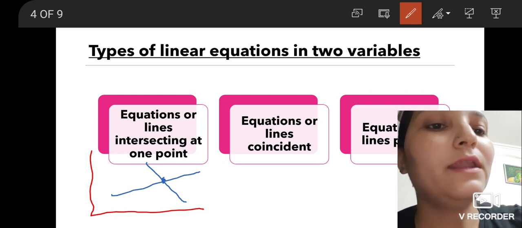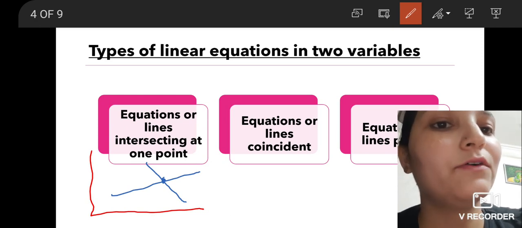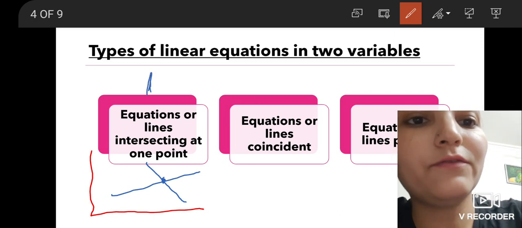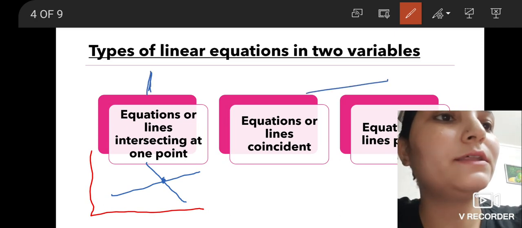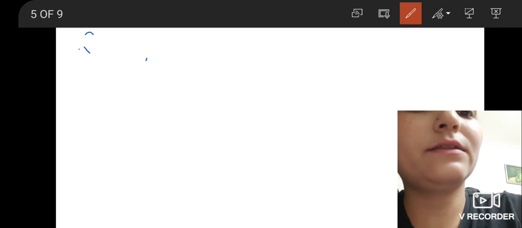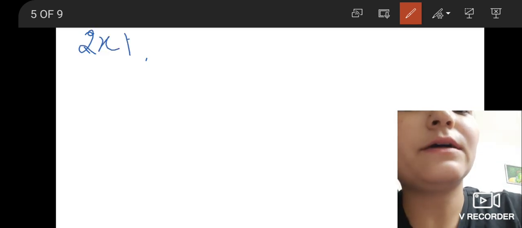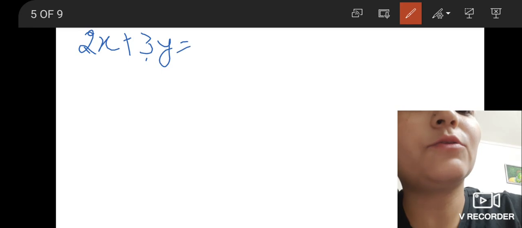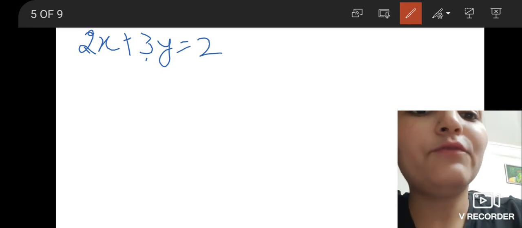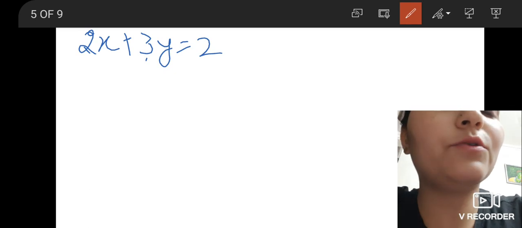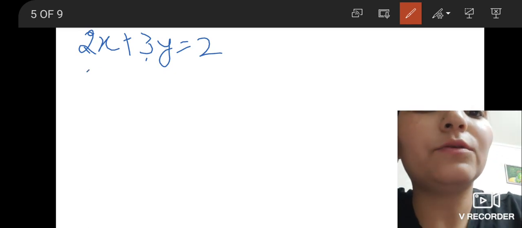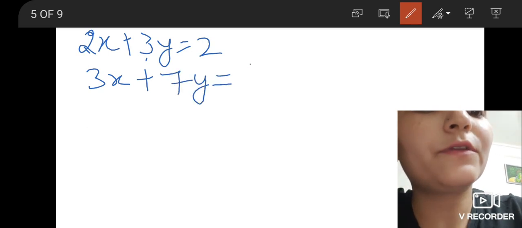Then how will you know that they are intersecting lines? Suppose you have two equations: 2x plus 3y is equal to 2, and 3x plus 7y is equal to 4.